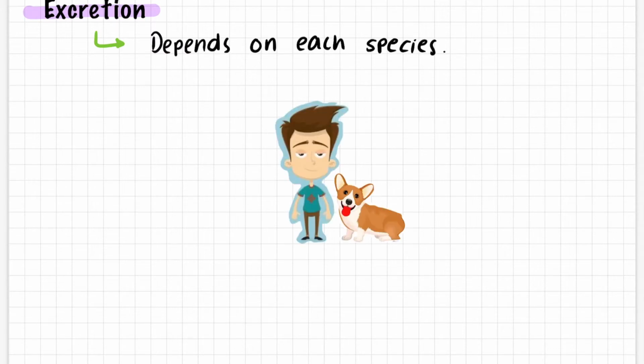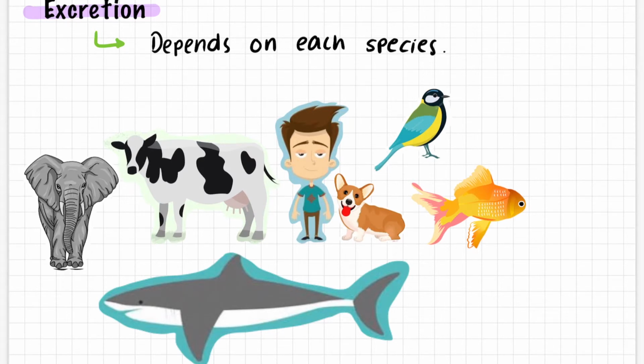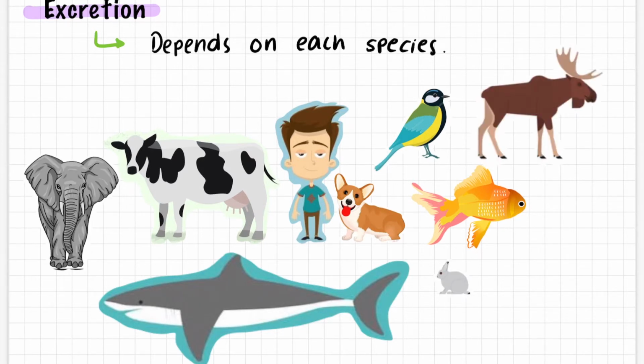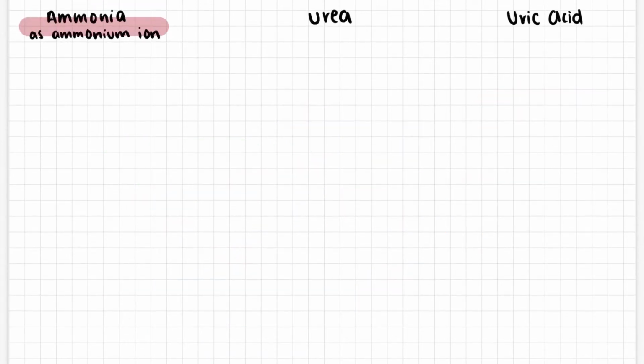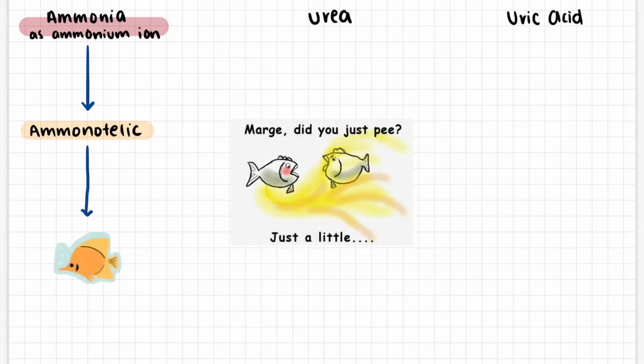We have reached the end of the urea cycle, so it is obvious that we have talked about how ammonia is expelled, not only in humans, but also in other species. The way of excretion depends on each species. Ammonia as ammonium ion: the ones that excrete through this form are called ammoniotelic animals, which are in their majority aquatic vertebrates, fishes, and amphibian larvae.